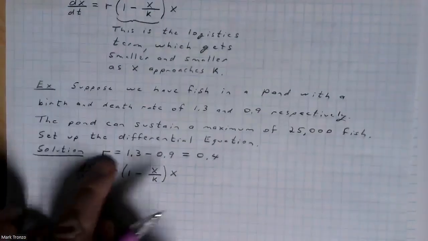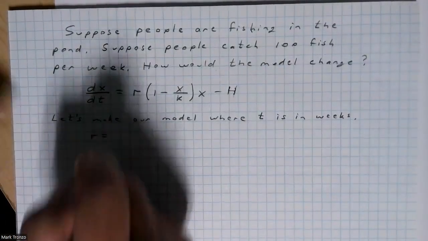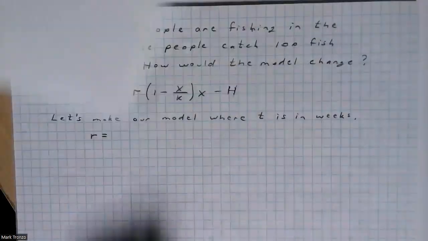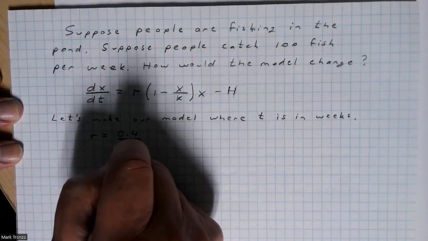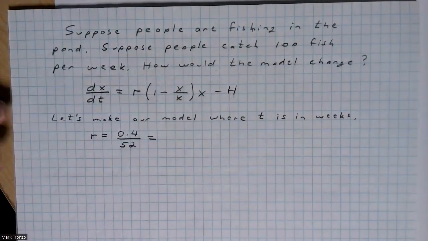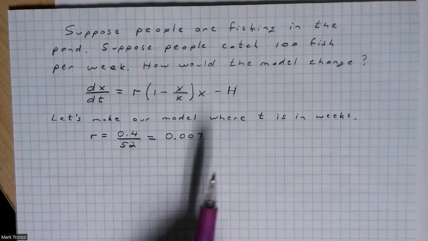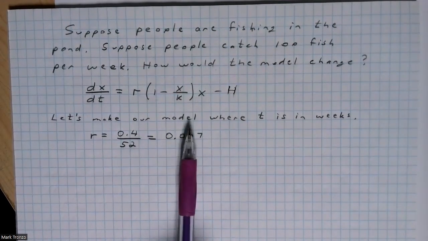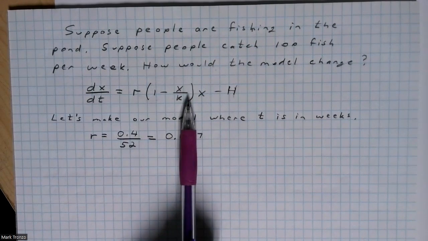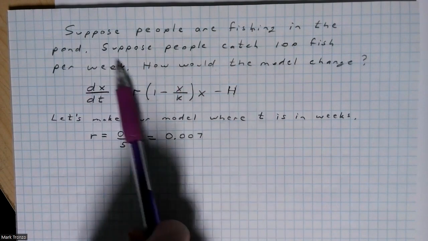So over here, r before was on a per year basis, so we're going to have to divide that by 52. That's about 0.0077. That would be the rate of increase of fish per week. Change everything into weeks. And now K is going to be the same. Remember, that's just the maximum capacity. That's not going to change. So r is changing. We're already given the fish on a per week basis.